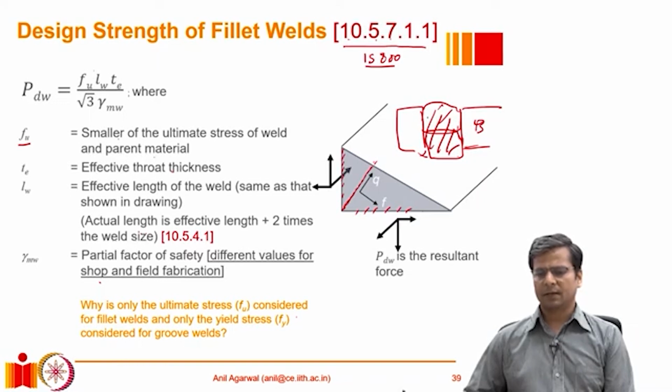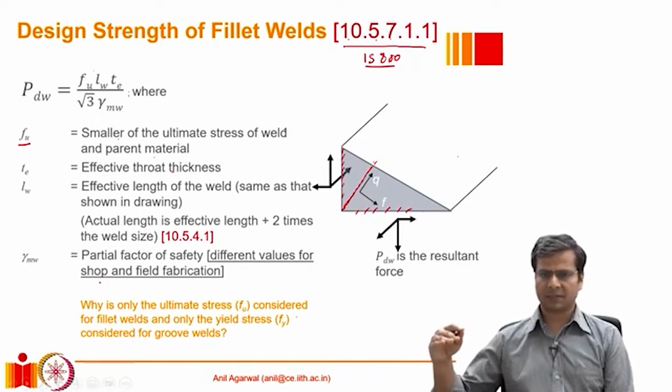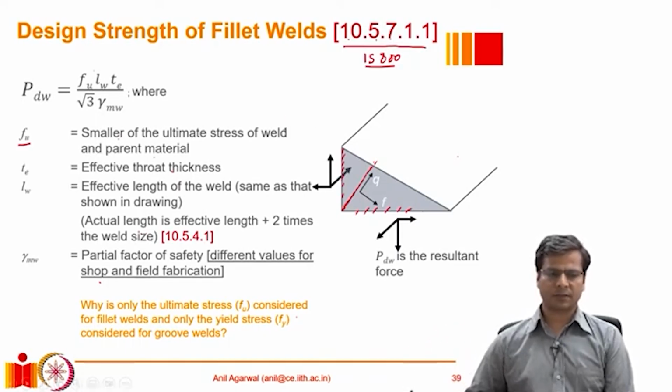When it does that, the failure location is not already restricted to a particular plane. It can be anywhere. When that is the possibility, then the yielding becomes the critical parameter for us, because we have to also worry about the flexibility of the structure, because once it yields over a very large area, the stiffness drops so much that even the strength cannot be utilized.